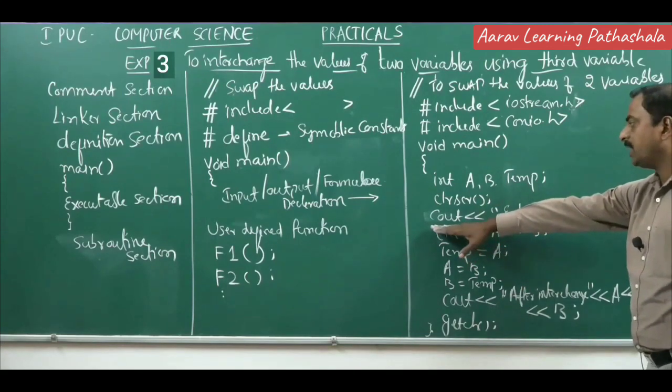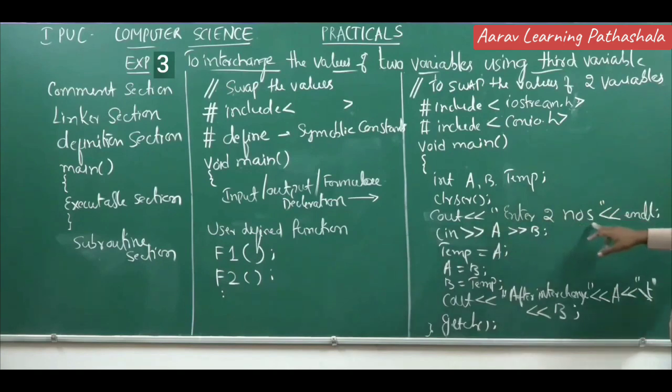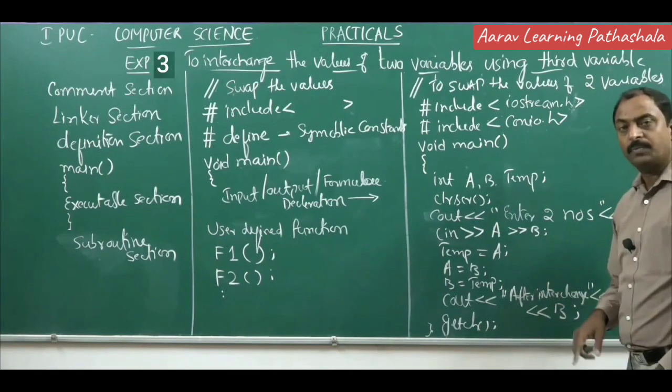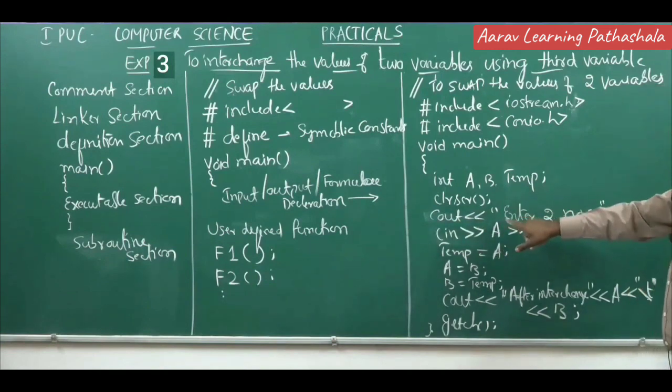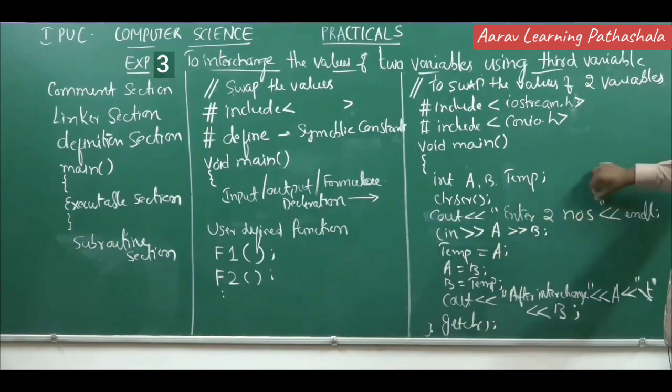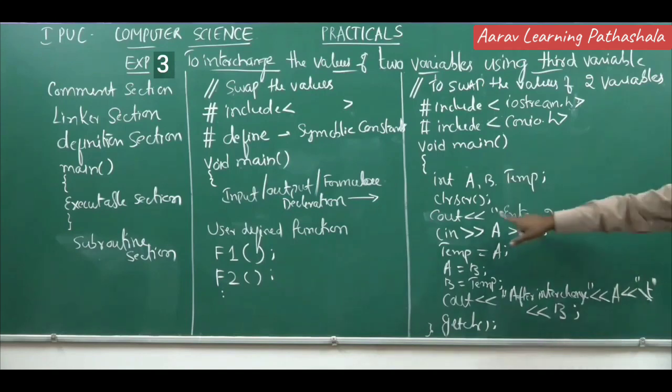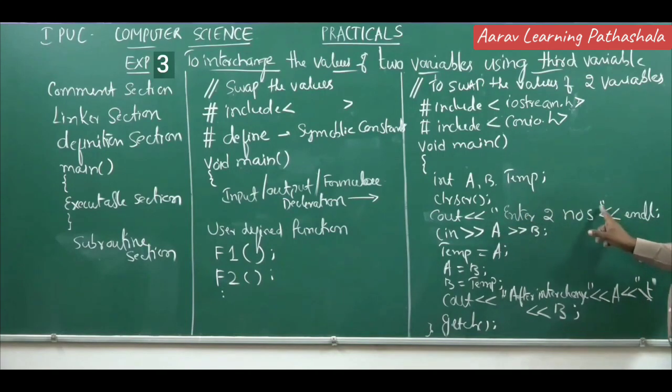Next is cout, enter two numbers. Once we execute the program, we can see this statement. This is an output statement. We have written enter two numbers between double quotes, and anything written inside them will appear on the output screen exactly as it is.